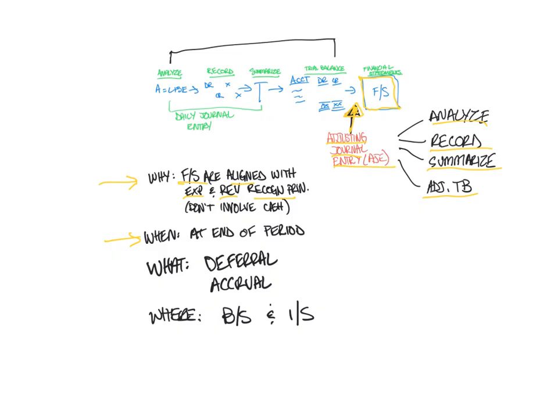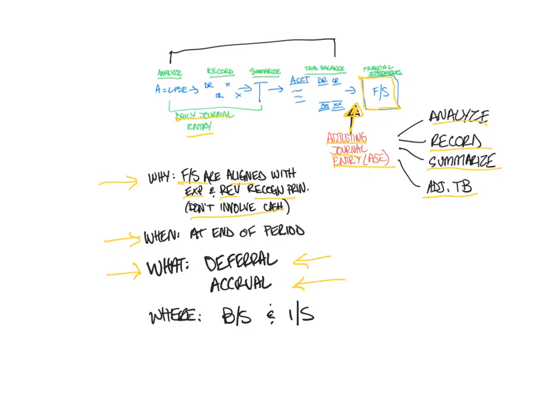We'll find that most of our daily journal entries involve cash. And so at the end of the period, we check for potential journal entries that haven't involved cash. Remember, AJEs don't involve cash, but need to be recorded. We record those adjusting journal entries through two different types. One is a deferral, and the other is an accrual.